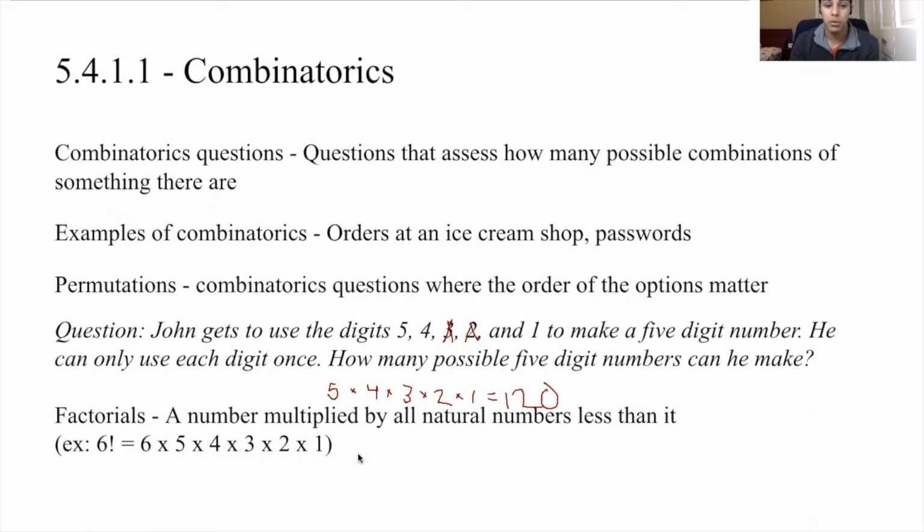And 10 factorial would be equal to 10 times 9 times 8, and then all the way down to times 2 times 1. As long as you know what factorials are, it'll make it a whole lot easier to do these questions.